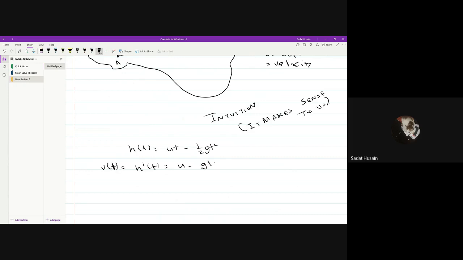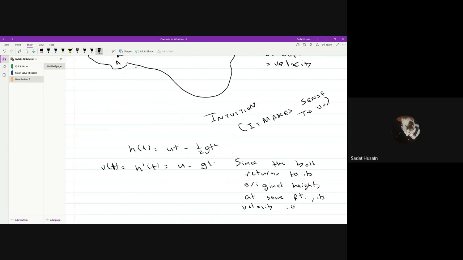Now, since the ball returns to its original height, we know that at some point its velocity equals 0, right?